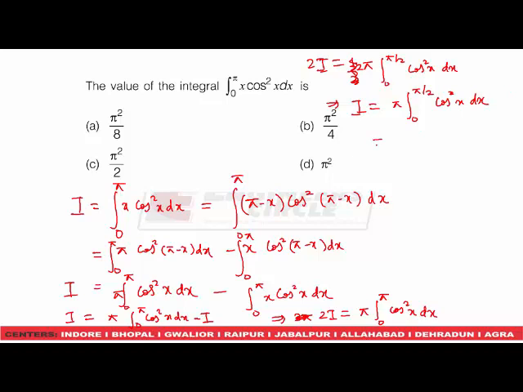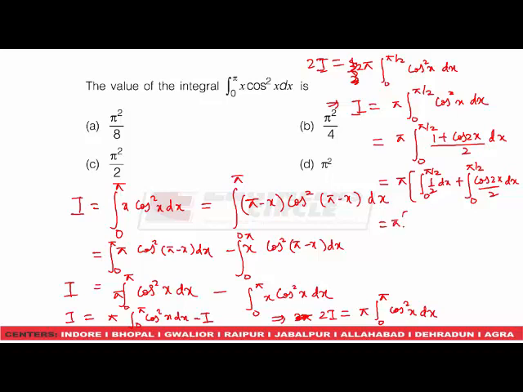Now we know that cos square theta is equal to 1 plus cos 2 theta by 2. So putting the values, we get pi times the integral 0 to pi by 2 of half dx plus the integral 0 to pi by 2 of cos 2x by 2 dx.